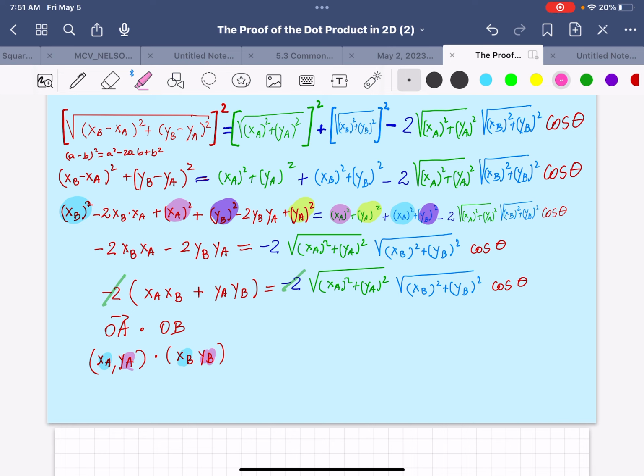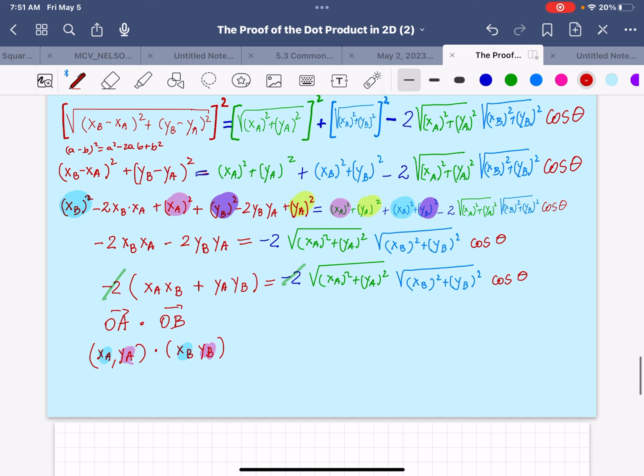So OA times OB would be XA, XB plus YA, YB. So what that means is that the left side of the equation is the product OA times OB.